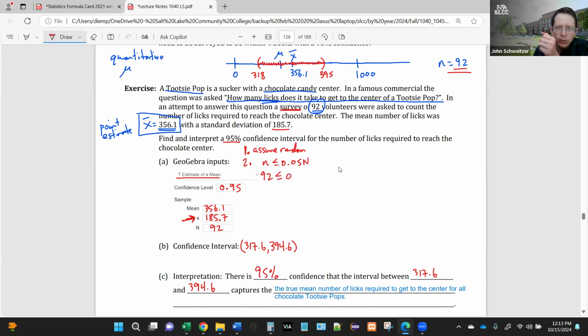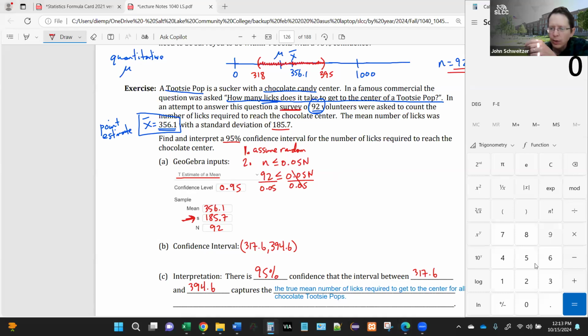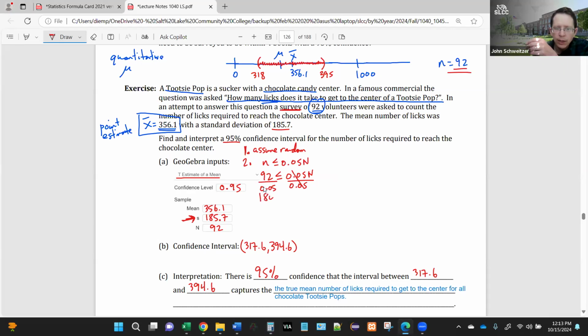But nobody knows what that number is except for people who work at the company, perhaps. So we'll do the next best thing, which is to solve that inequality and see what the population size would have to be, right? So the 92 divided by 0.05, and we get 1,840. Are there more than 1,840 chocolate Tootsie Pops?